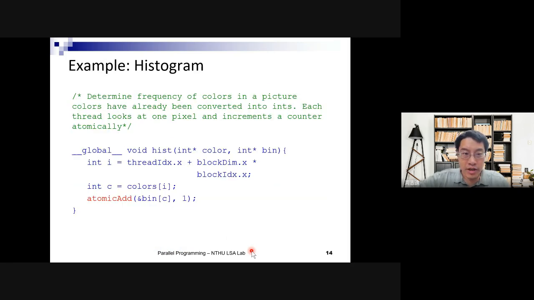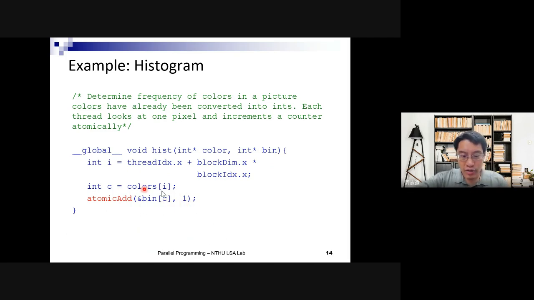So you can see this is a use case for that. For example, we want to build a histogram for some data elements stored in an array. We can ask the threads to scan through and handle those data elements in parallel, and depending on the color, we increment the count for the corresponding bin by 1.